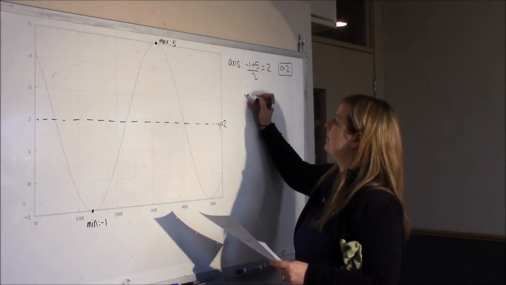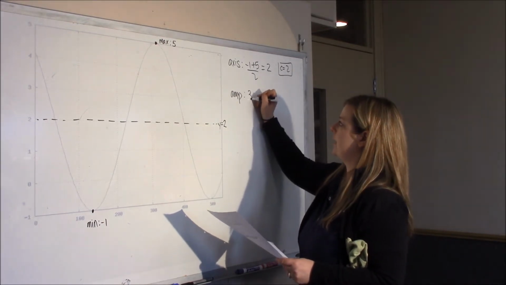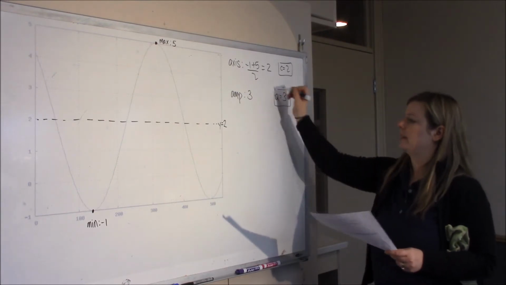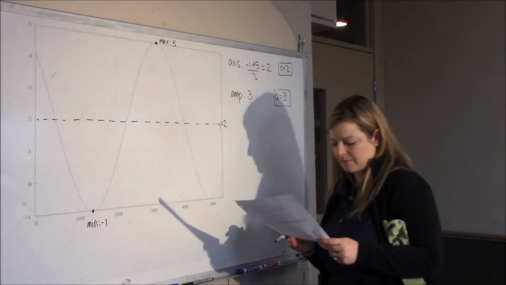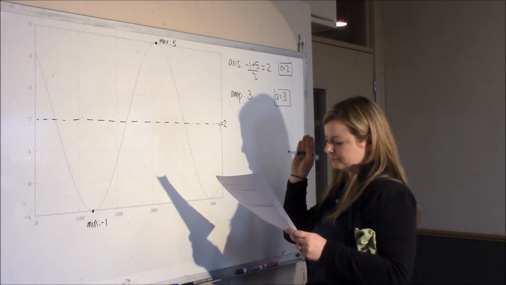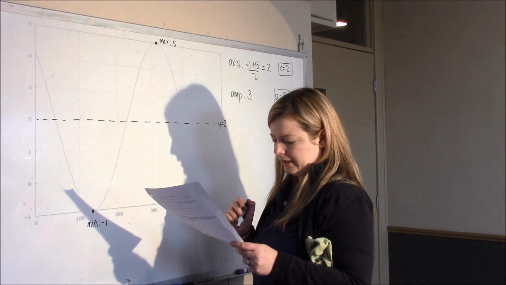Then we can come up with the amplitude. Between 2 and 5, it's 3. So our A value is equal to 3. The period is a bit more complicated because you can't necessarily see what these values are. I know it's not completely clear.